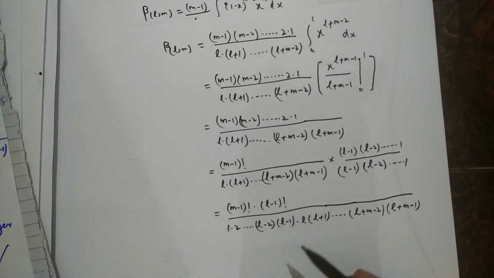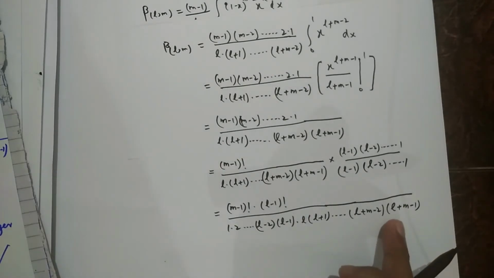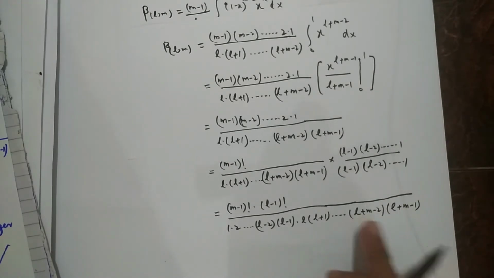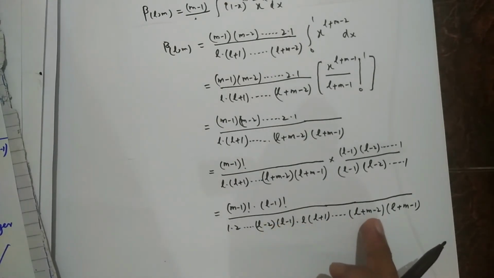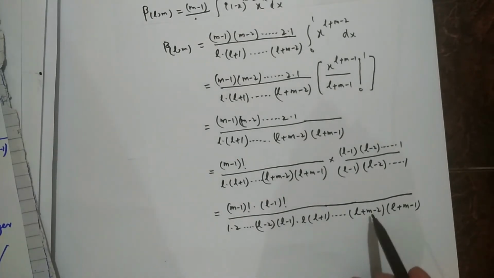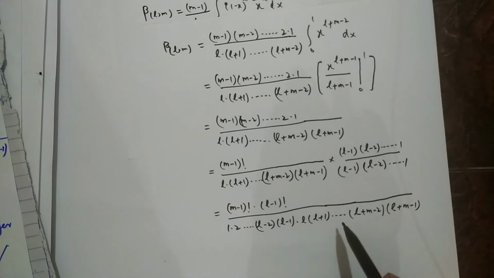So here we see that this is actually a series of L plus m minus 1 factorial. Here you can see that this is L plus m minus 1, then L plus m minus 2 and L plus m minus 3 and so on, then this value will reach up to m, so that will cancel with m, and then the value increases.